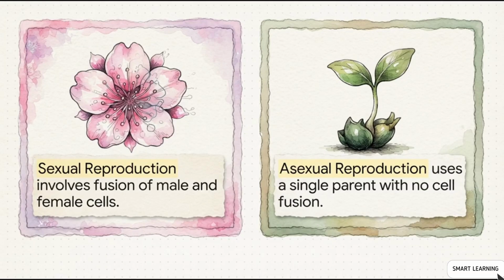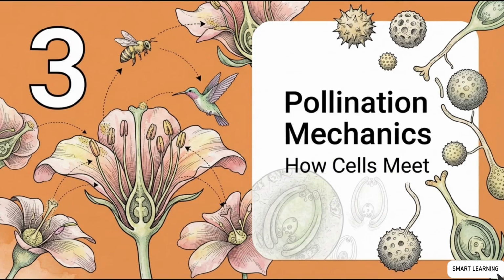On one hand, you have sexual reproduction, which involves the fusion of male and female reproductive cells. On the other hand, there's asexual reproduction, where a new plant develops from just a single parent, meaning no cell fusion at all. So two totally distinct paths leading to the exact same destination of creating new life. Let's look closer at that first path in Section 3, the mechanics of pollination.